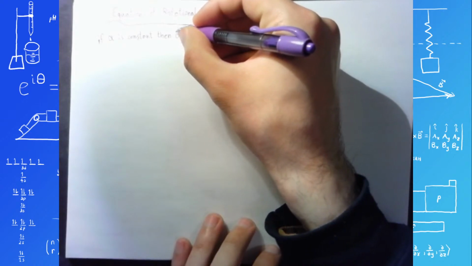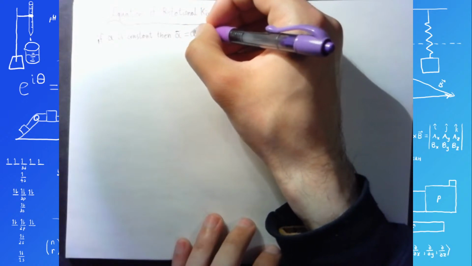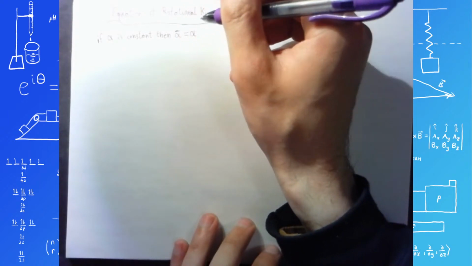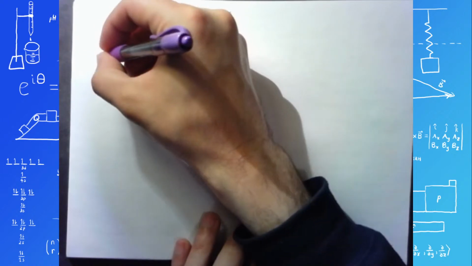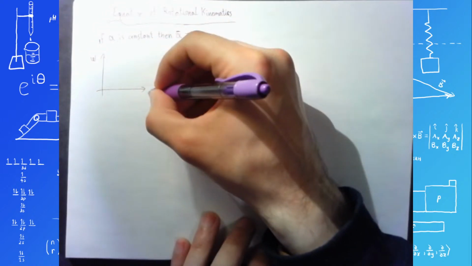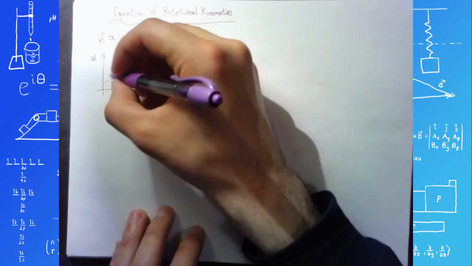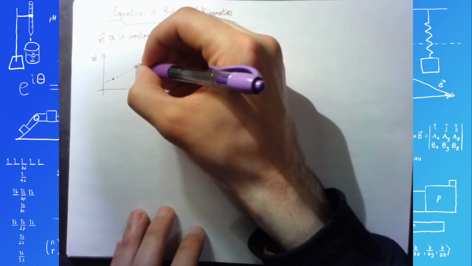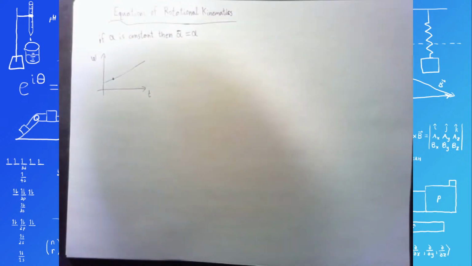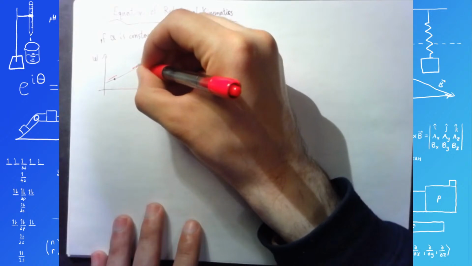If the angular acceleration is constant, then the average acceleration is the angular acceleration. The graph of the angular velocity versus time will be some sort of straight line, and the instantaneous angular acceleration at any given point, the slope of the tangent line at any given point, well, all the points on this graph have the same slope.